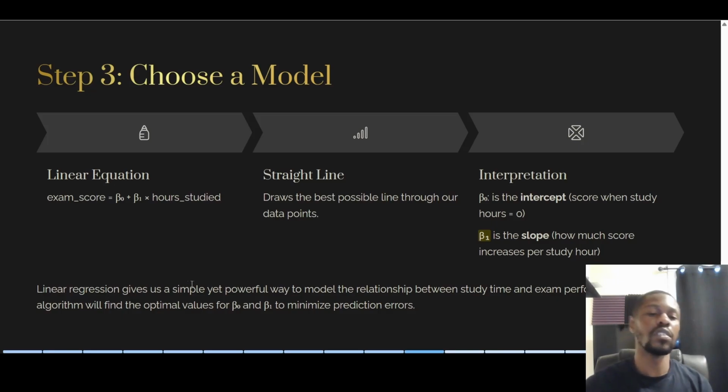So linear regression will give us a simple yet powerful way to model the relationship between study time and exam performance. And the algorithm will find optimal values and minimize the prediction errors.